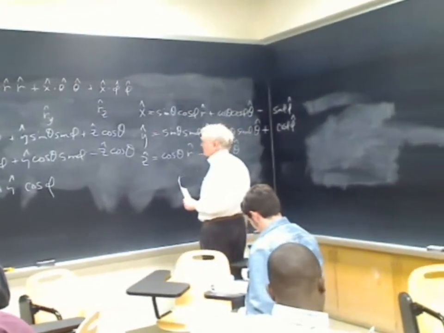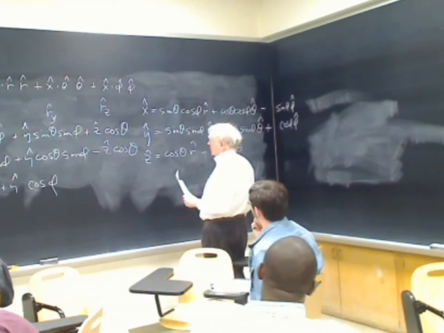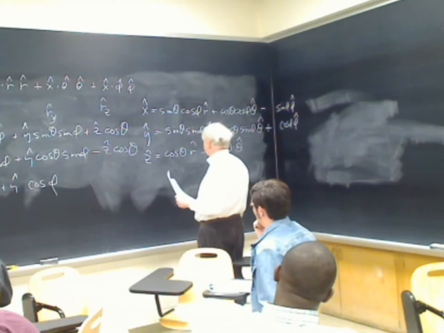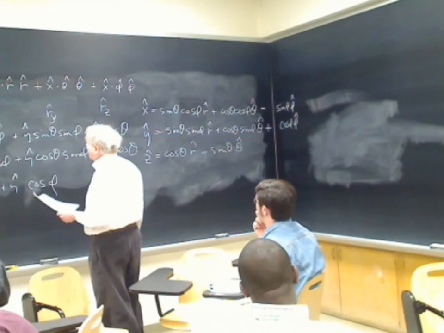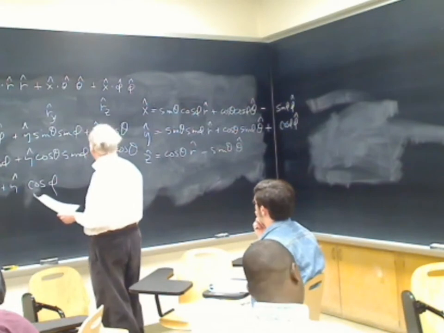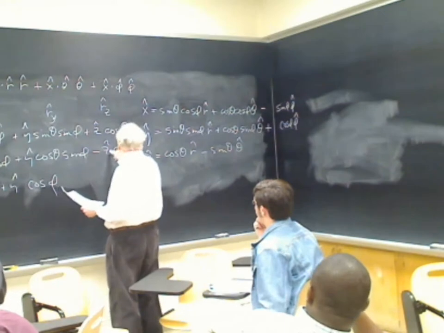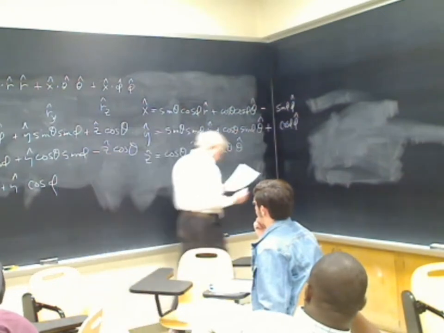This one's the easiest one because we have here z hat dot r hat gives us this one, z hat dot theta hat gives us this one, but z hat dot phi hat is 0, so that doesn't contribute.